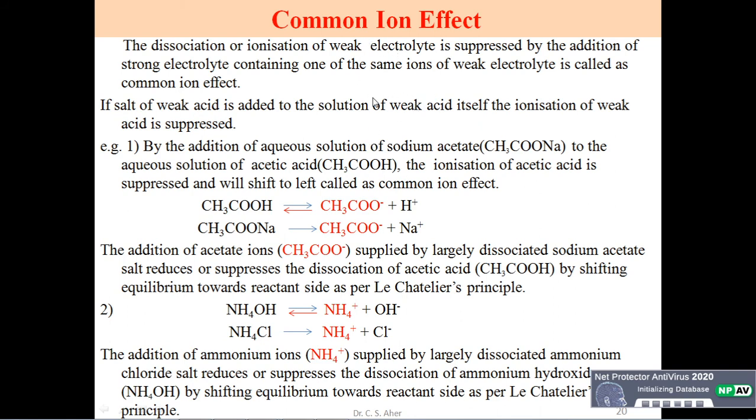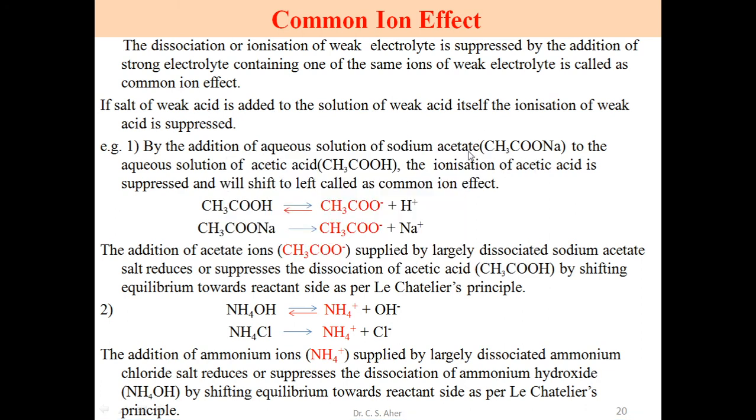In this weak acid solution we add a strong electrolyte, that is the salt of the weak acid, and the ionization of the weak acid is suppressed. The salt of the weak acid is a strong electrolyte. When we add it to the acid, what happens? The ionization of this weak electrolyte is suppressed.